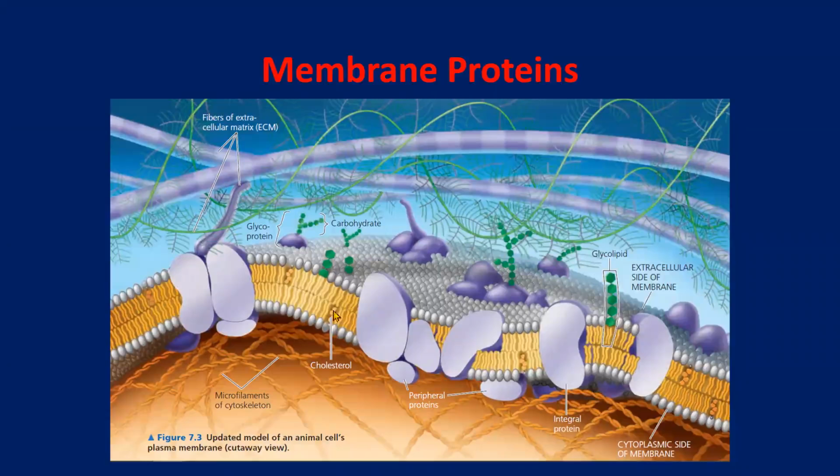But apart from that, on both sides of the membrane, there are some structures. Specifically, it could be fiber, extracellular, or it could be cytoskeleton. Here you see microfilament, which is again in connection with this membrane protein. So it is a very dynamic, very complicated system.